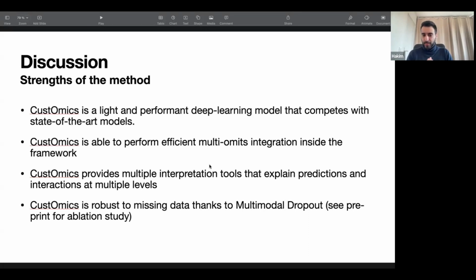It is also able to perform efficient multi-omics integration through the mixed integration strategy that we came up with in our previous paper. It also provides multiple interpretation tools along the same framework.